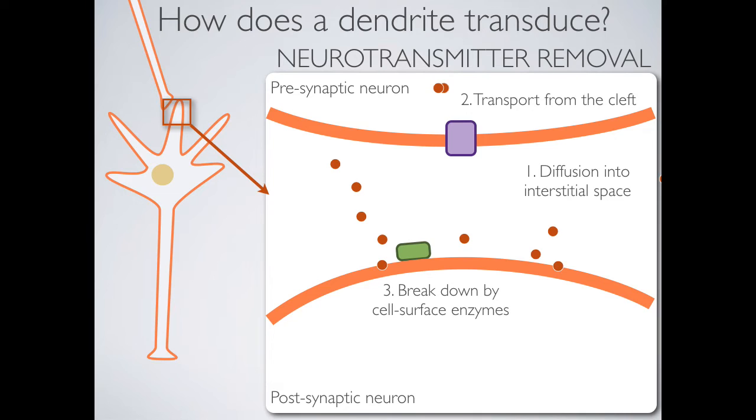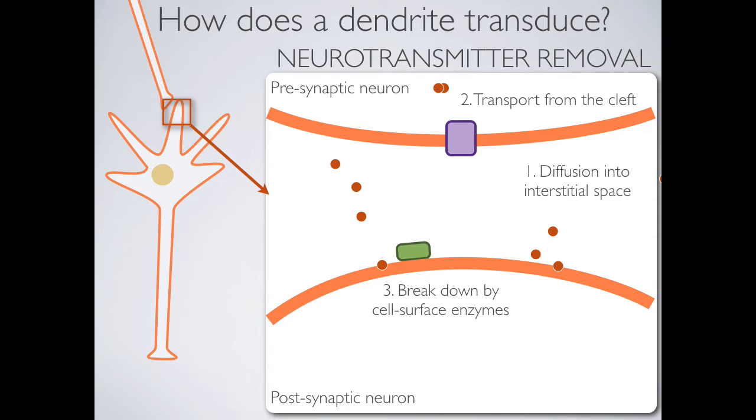And finally, we have enzymes that break down the neurotransmitter so that they're not activating any of the ligand-gated channels on the postsynaptic side. So that's a little story about how the neurotransmitters are moved rapidly so that we can receive another signal on the postsynaptic cell.